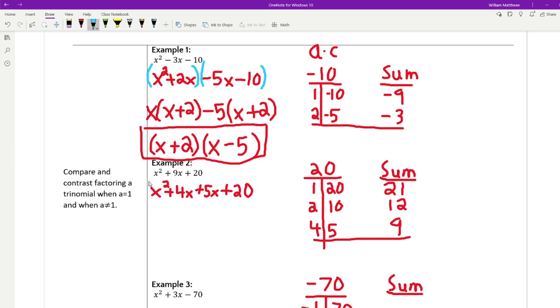So just to show what I'm doing in this step where I add the parentheses, to show that I'm creating the binomials, I factor out the GCF. In this case, dividing each term by x, leaving me x plus 4.